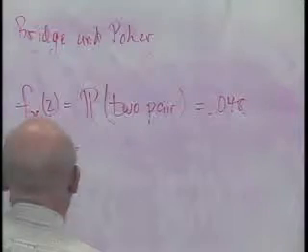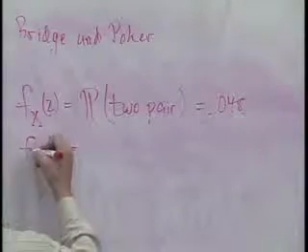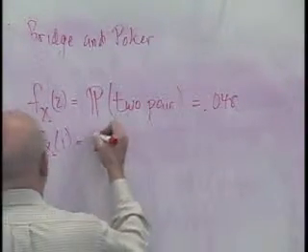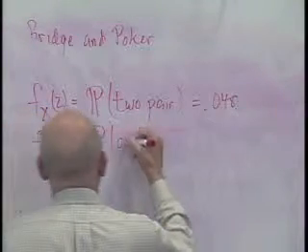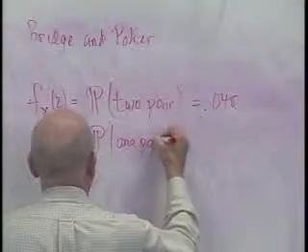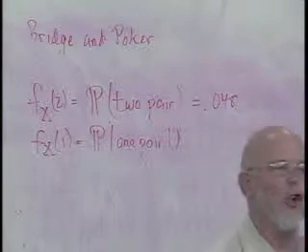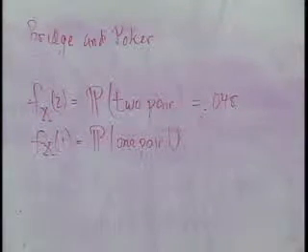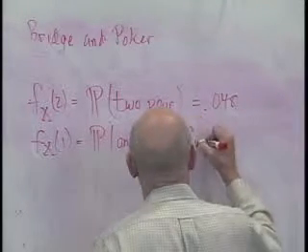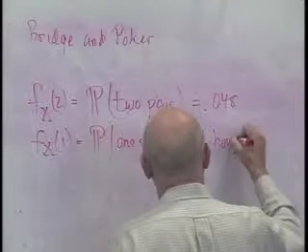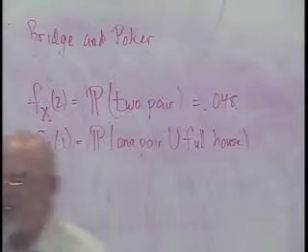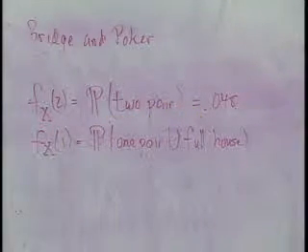F sub x of 1, that's the probability that there's 1 pair in your poker hand. And that's not just the probability of the poker hand that's called 1 pair, because if you get a full house, that has 1 pair in it. Sturzacher is still right to the number of decimal places that he's quoting, but you've got to include the full house.